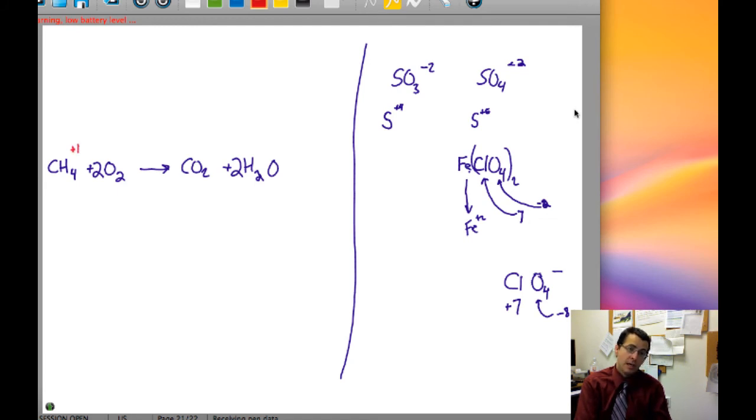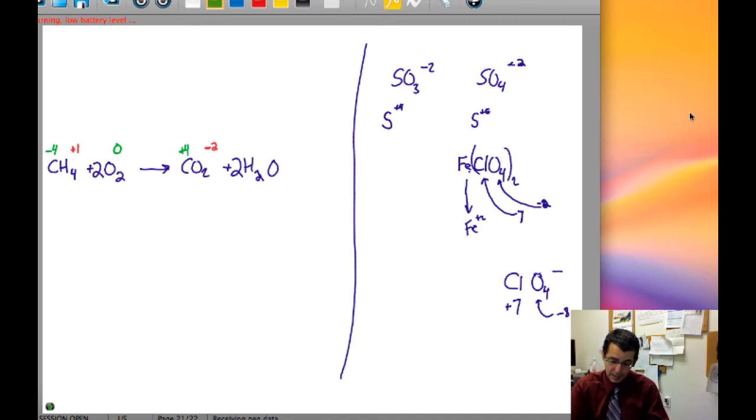Again, I'm just showing the oxidation number of one of the elements of hydrogen. The oxidation number of the carbon in this case would have to be -4. The oxidation number of oxygen would be 0. And if we look at the carbon in the next compound, we know that each of those oxygens has a -2 oxidation number. And this carbon would have to have an oxidation number of +4.